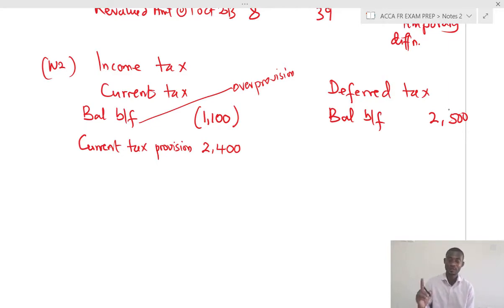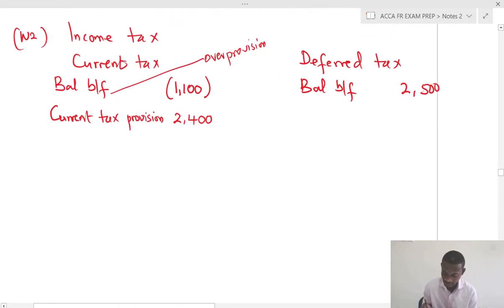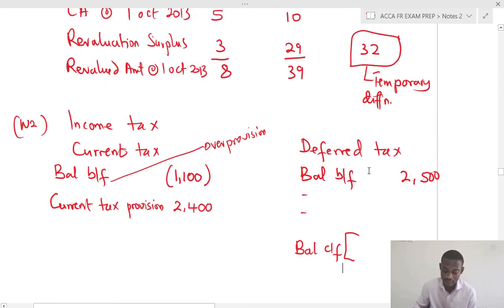So here, the further temporal difference of 10 together will give us the total balance on the deferred tax at the end of the year. So the 10,000. All of these two at 20%. So now I can have, let me just shift this a bit to the other side.